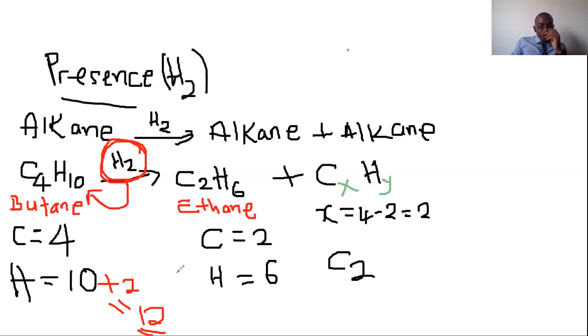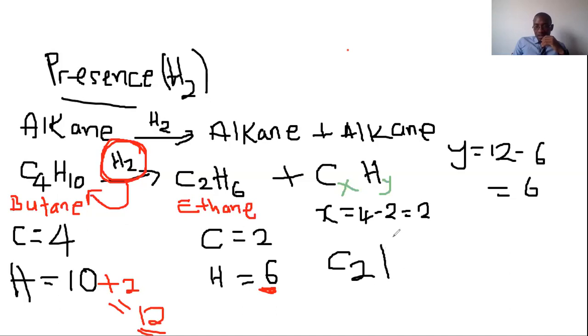So what do we do to balance the number of hydrogens on the other side? The 6 which is here on the product side, and 12. So y will be equal to 12 minus 6, and this gives us 6.